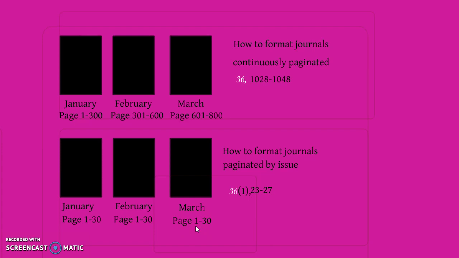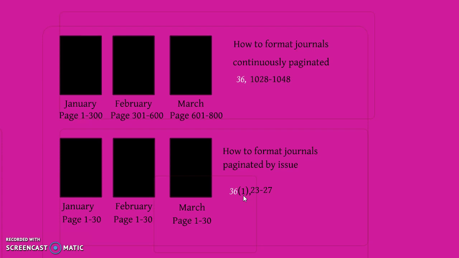So therefore, the issue number is important to be able to find the individual article. So if I was trying to find an article on page 5 of volume 72, I'd have to know whether it was the January or the February issue. And so the issue number therefore becomes important to the citation.